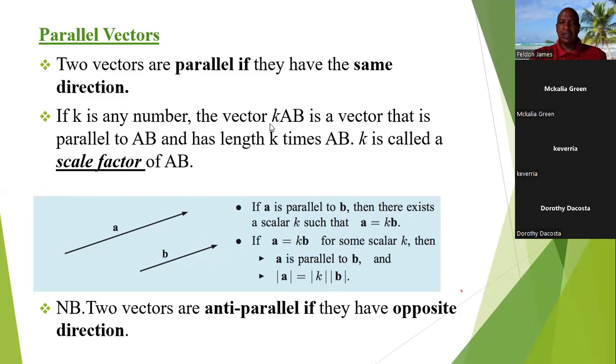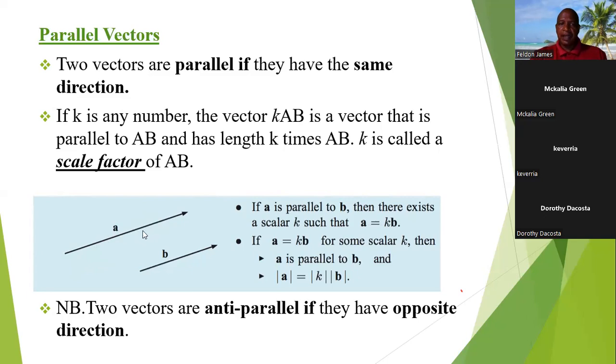Once you multiply by a K that is a number greater than 1, it means that you're enlarging the length. If you multiply by a K value that is between 0 and 1, then this vector would be a reduction, meaning it becomes smaller, right?